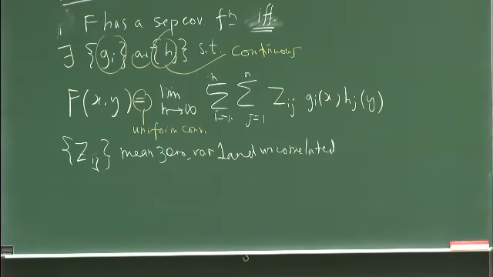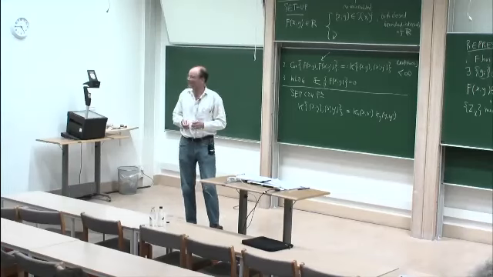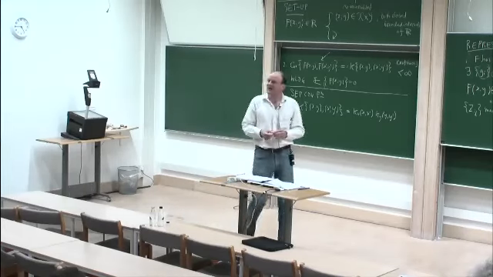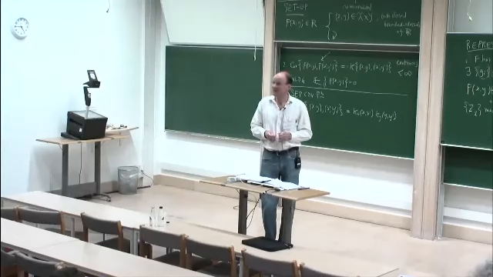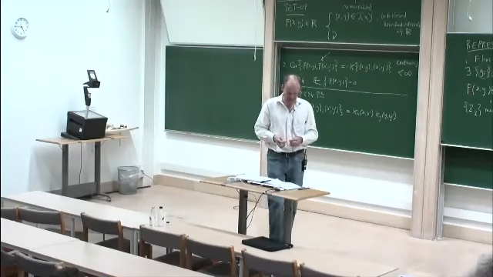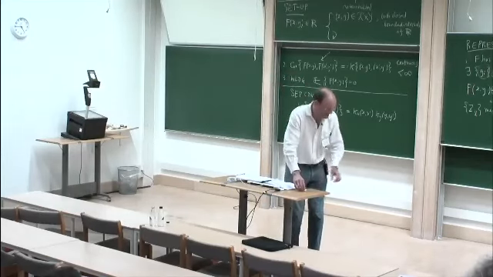Now the interesting thing is to take the next step and ask ourselves under what conditions we can actually think of f as a product of two uncorrelated processes, and that's where I want to get to. Now in fact, it's actually quite easy to make that step.